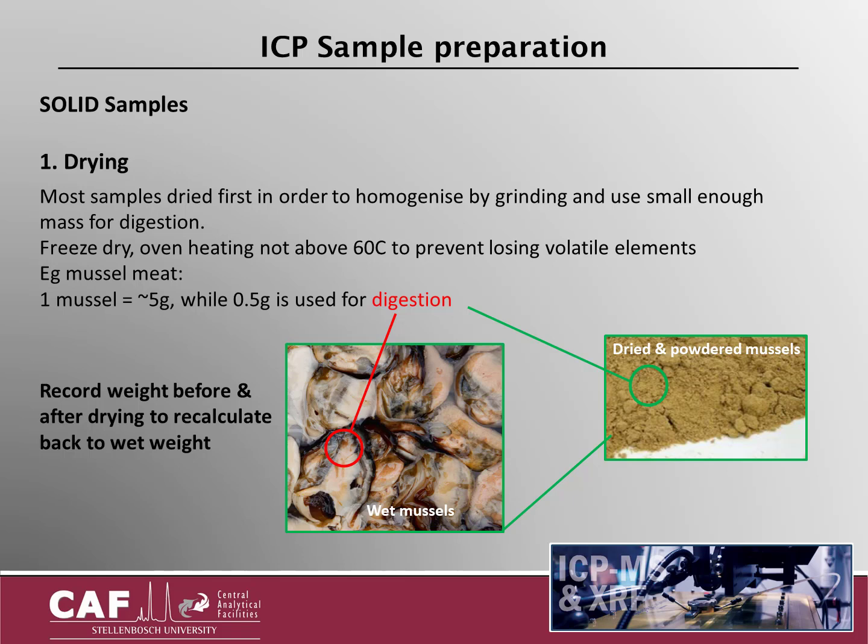So if you had only sectioned 0.5 gram from the wet mussels, you might not really have a representative sample of your set of mussel materials.